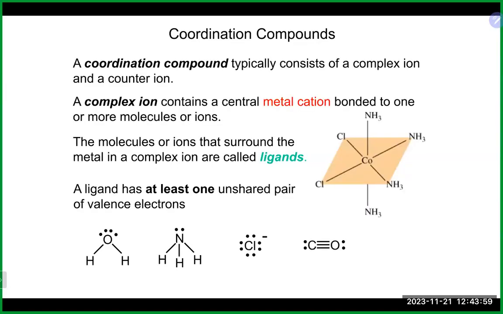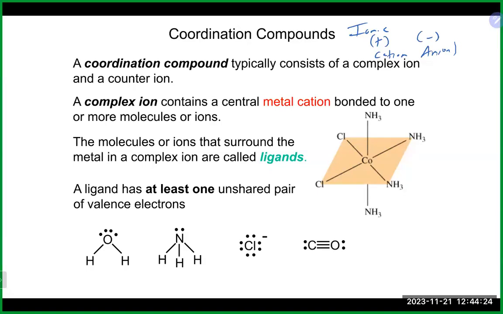So you could think of a coordination compound like an ionic compound. An ionic compound has a positive cation and a negative anion. And when we write formulas, it's always the positive guy first and the negative guy second, and that's how we name them as well. So coordination compounds will contain a complex ion and a counter ion.